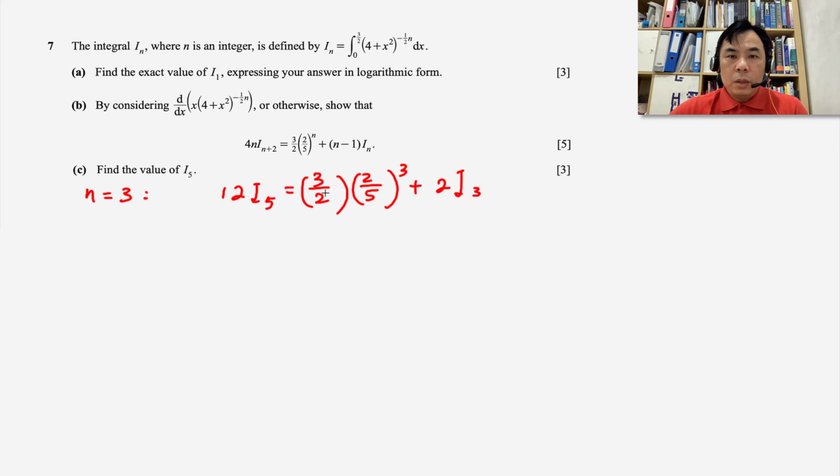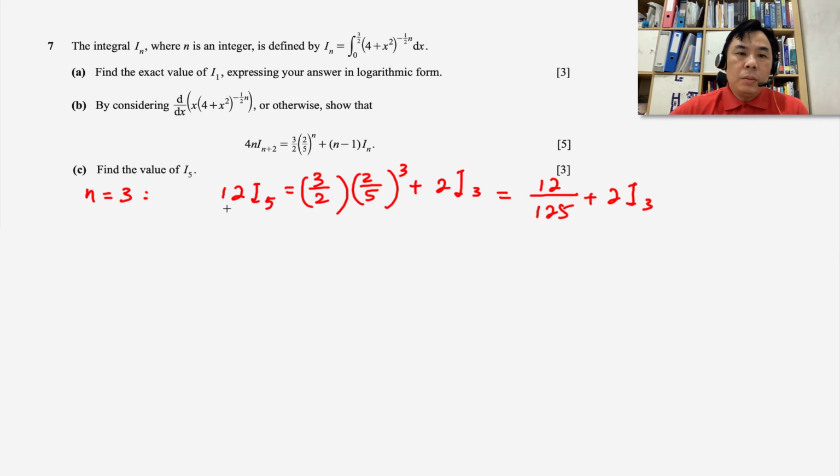Now, of course, we can try to simplify this part here. Let me see, 8, 4, 12. Okay, so up to here, we have 12 over 125 plus 2 I_3 here, plus 2 I_3. Okay, that's what we have currently.